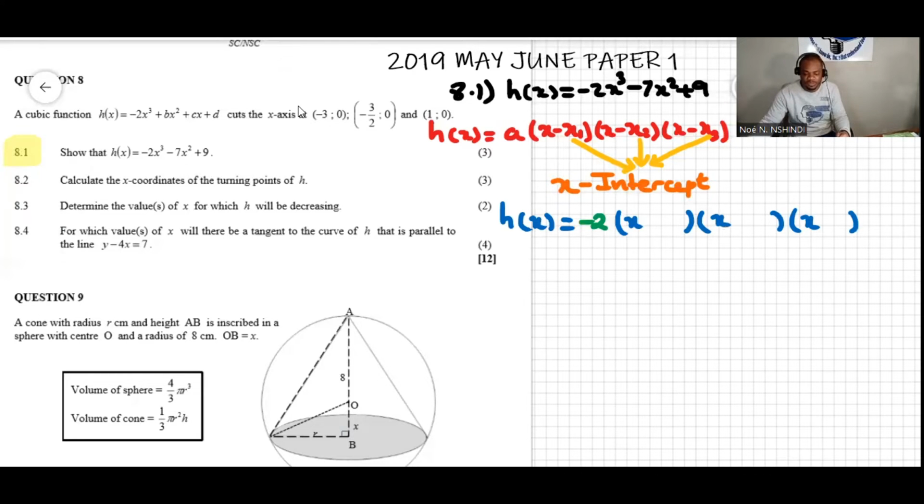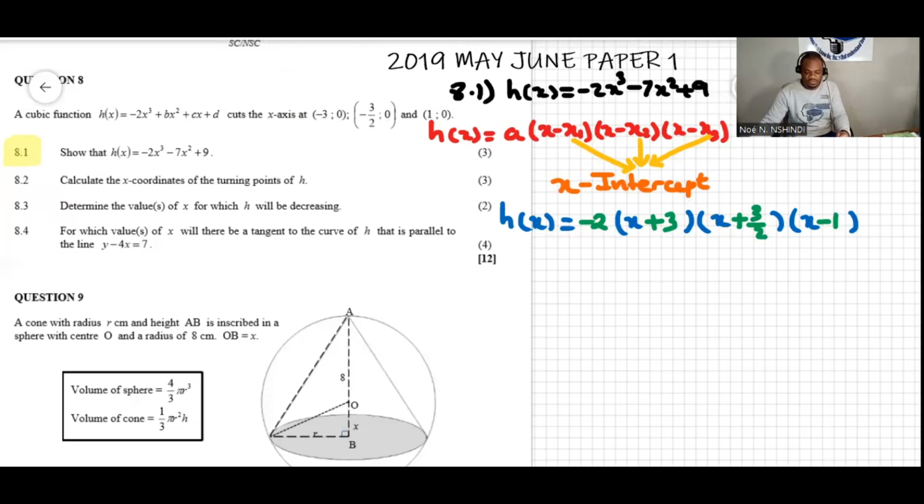For the next one, x2 is negative 3 over 2, so this will become positive 3 over 2, because minus negative will make positive, and then minus 1 for the last one. Now, we can expand this, as we used to do in the previous grade.